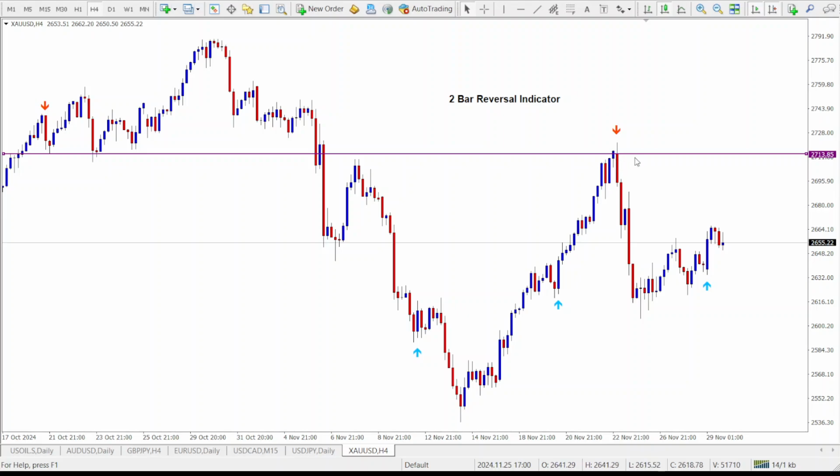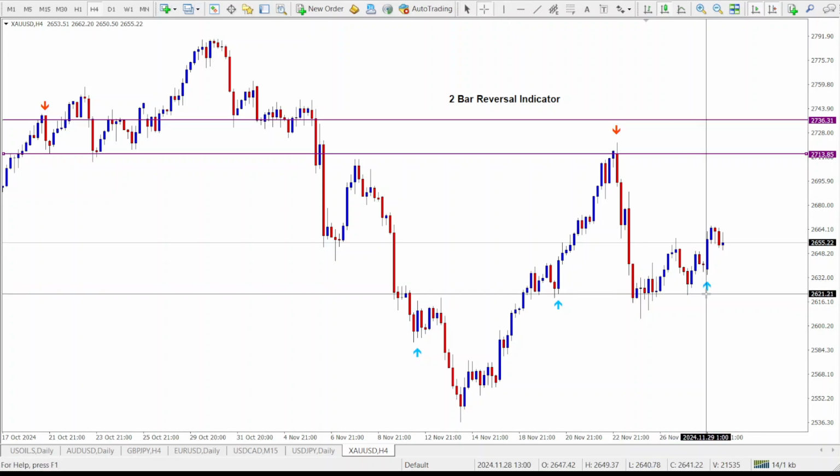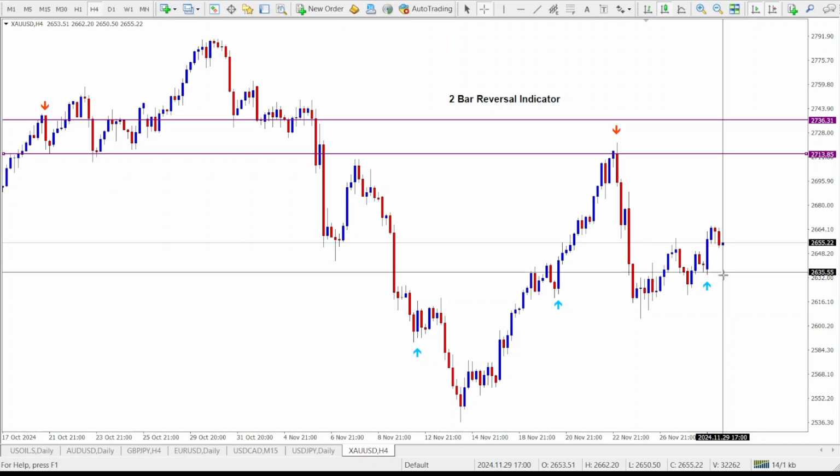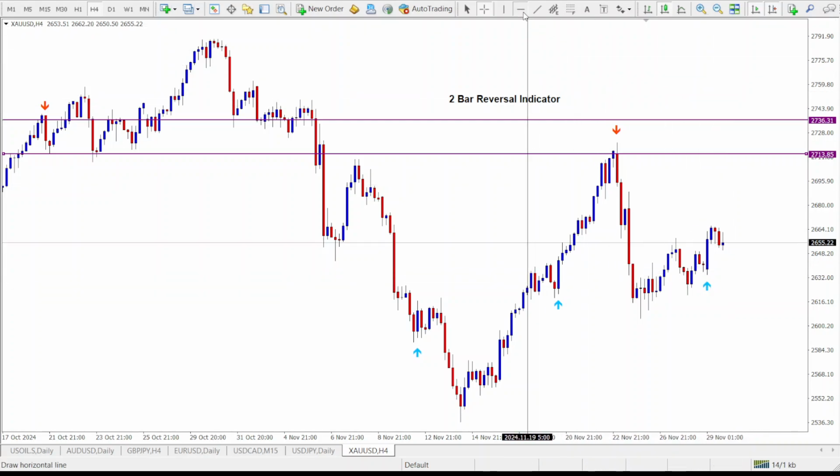So after entering a sell trade, an ideal place to set your stop loss would be above the swing high. You can actually decide to set your stop loss above the arrow itself. That's a good place to set your stop loss, above the arrow itself. And then for your take profit, you can decide to wait for a blue arrow to form, which is going to be a buy signal, but you're going to use that buy signal as your exit strategy for a sell trade.